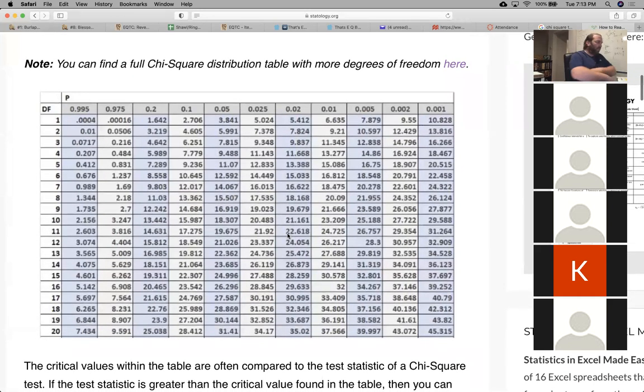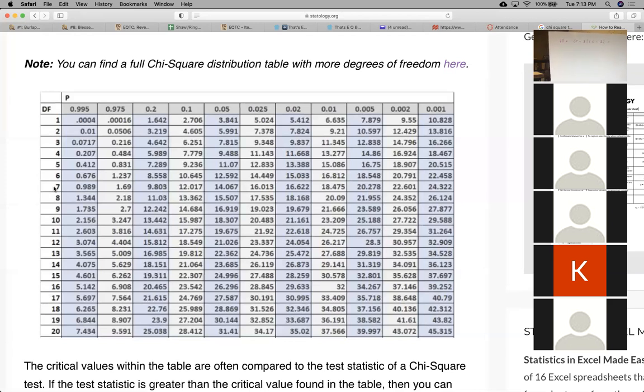Essentially what's going to happen is, we have to determine, like we do for T, how many degrees of freedom we have in the problem. So the number of degrees of freedom, df, is equal to the following, and we'll see if anyone can figure out what these symbols mean. The number of degrees of freedom is equal to r minus 1 times c minus 1.